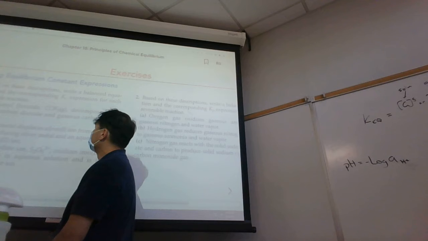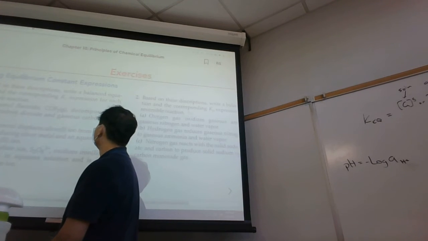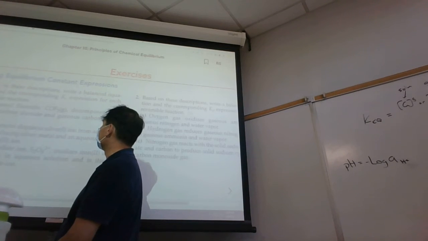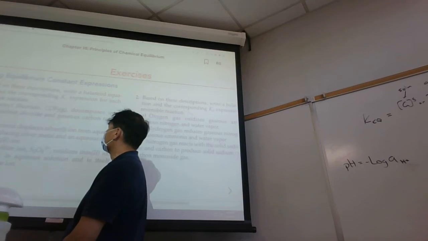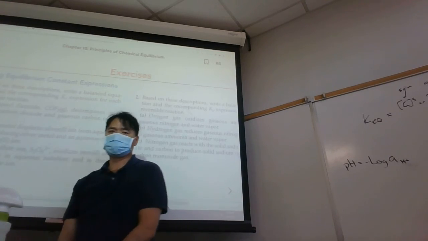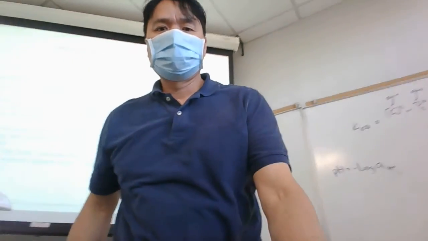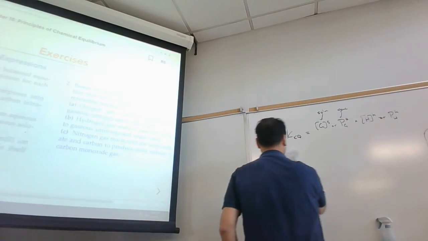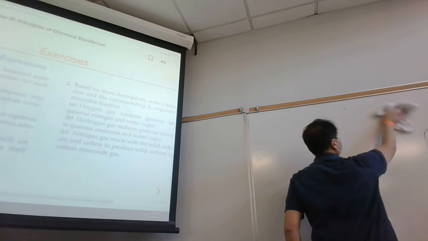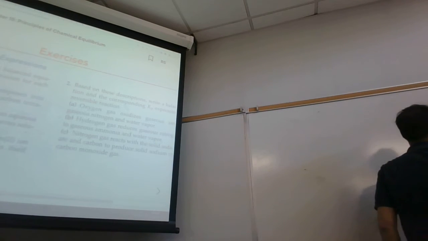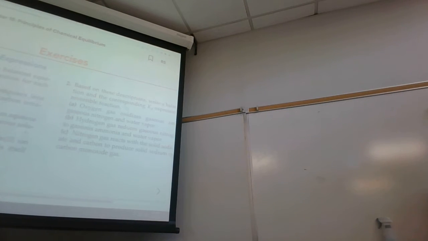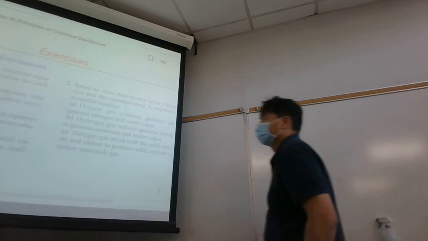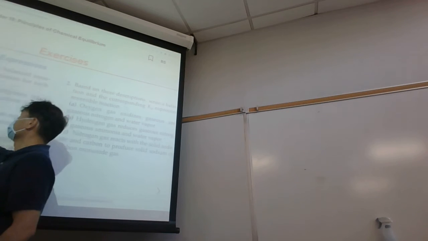Carbonyl fluoride, COF2, decomposes into gaseous carbon dioxide and gaseous carbon tetrafluoride. I guess COF2 isn't the most stable stuff, so let's take a look at this reaction here. Now, this nomenclature is more organic nomenclature.